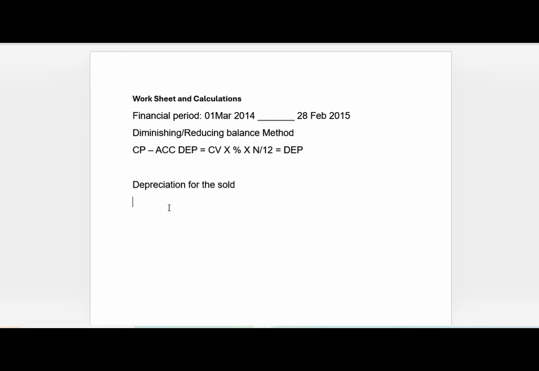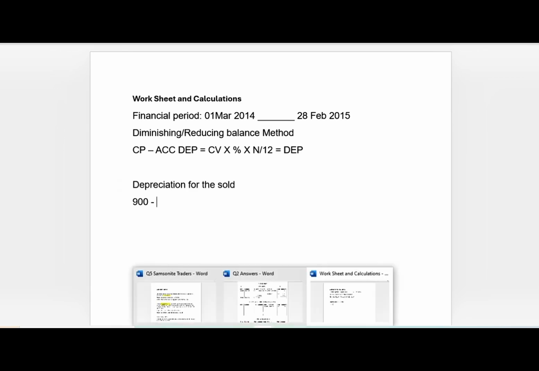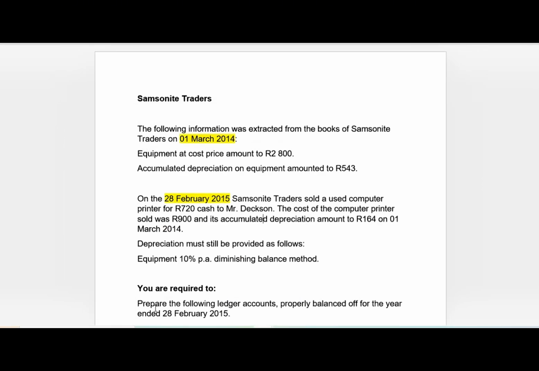When we get to our worksheet, remember, you have to calculate. Number one, the sold equipment cost price is 900. You less the accumulated depreciation of this. How much was the accumulated depreciation at the beginning of the year for this equipment that was sold?